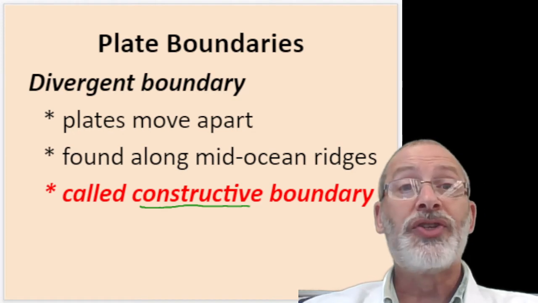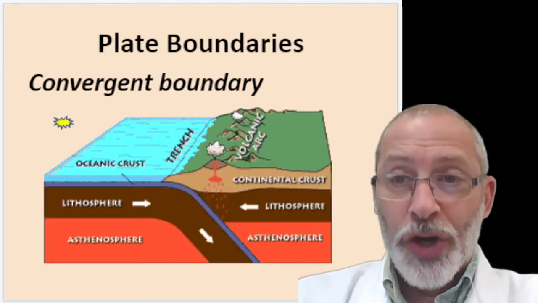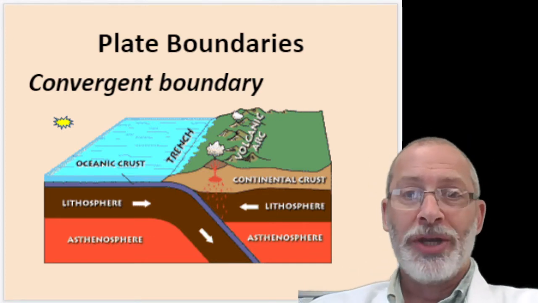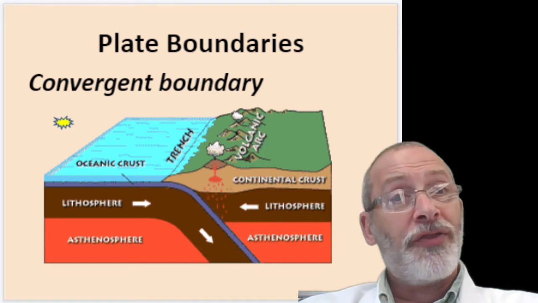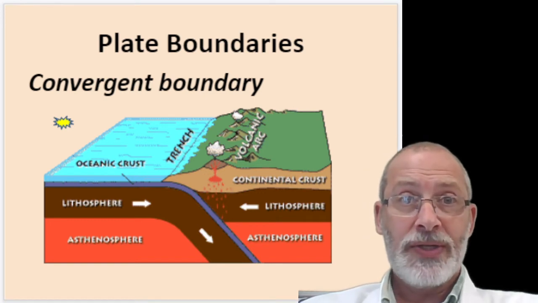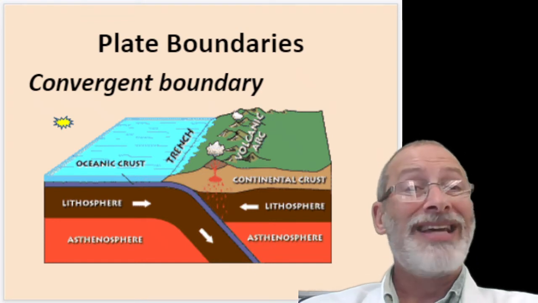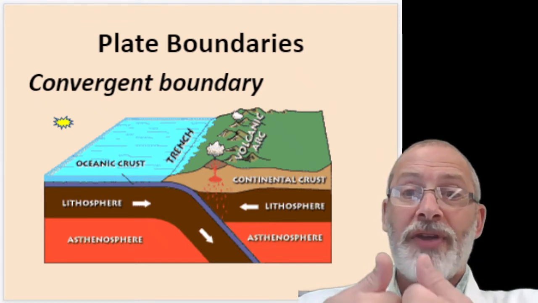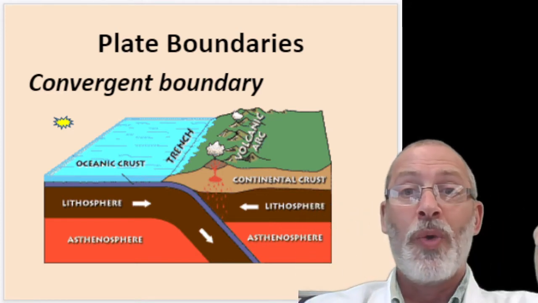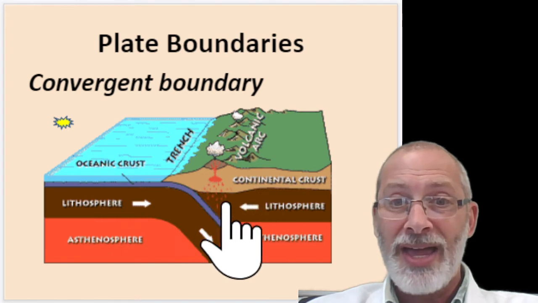All right, that brings us to the second plate boundary called convergent boundaries. And as you might imagine, convergent boundaries are essentially the exact opposite of a divergent boundary. Divergent boundaries, you've got material coming up and moving away. Well, check out the arrows in this diagram.